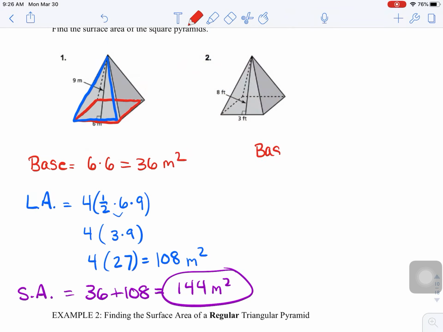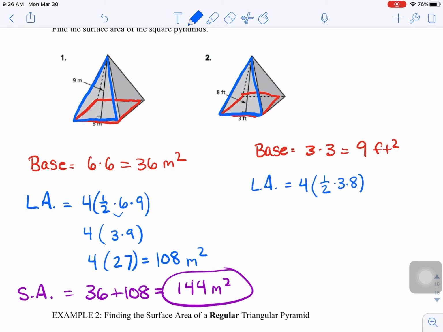Same thing for this next example. Here my base is a square, and this square is 3 by 3, which gives me 9 feet squared. My lateral area is my triangles, which there are 4 of. 1/2, the base is 3, my height is 8.